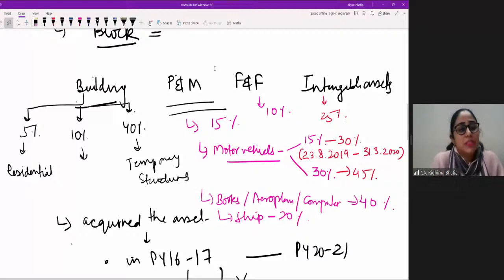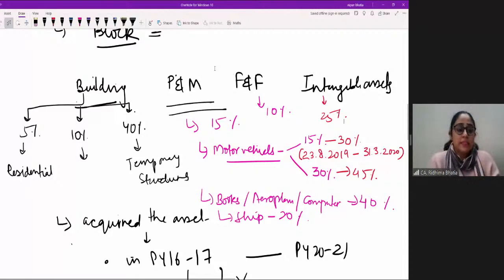Basically, depreciation will start from the year when you have put it to use. If in the year of acquisition it is put to use and used for less than 180 days, then 50% of the depreciation rates which we have discussed applies. Next year onwards, the full rate would be given. Now, students, this is the advantage of the 180 days rule. Even if you use the asset for the whole year and sell it on the last date, depreciation on that particular part will not be allowed.